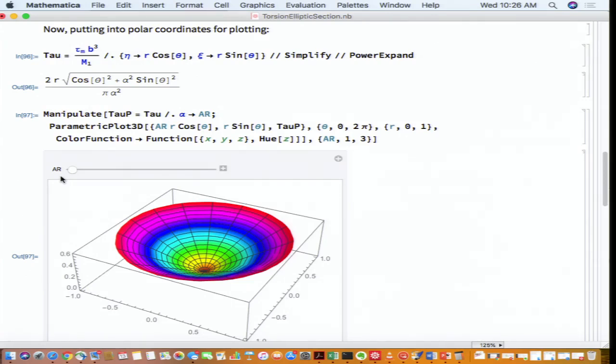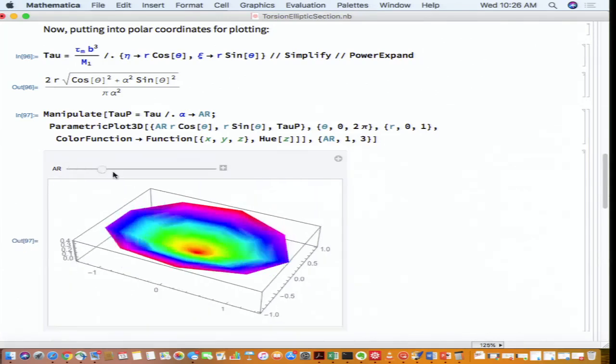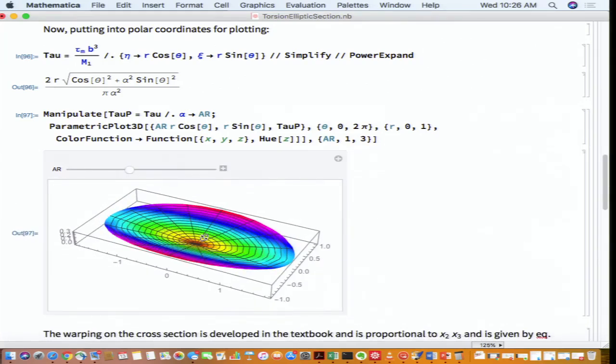But in an ellipse, it doesn't happen that way. When you change the aspect ratio, when it becomes an ellipse, you get higher stresses parallel to the edge or parallel to the width of the elliptical cross section, and lower stresses in the regions where you are looking at variation across the thickness.